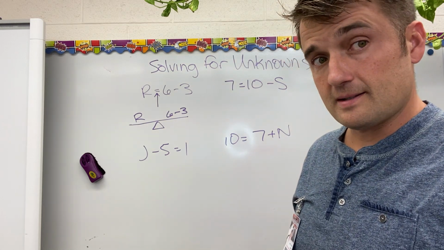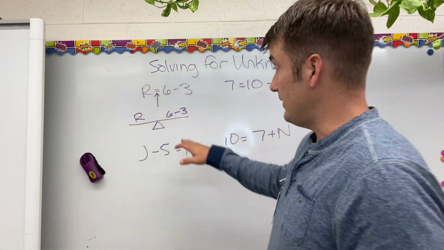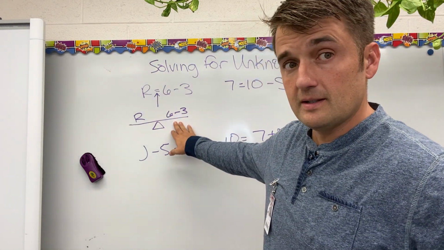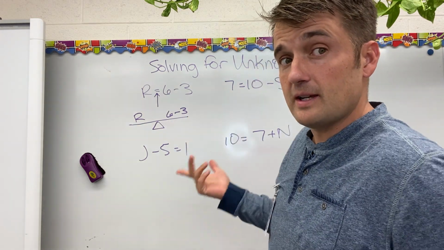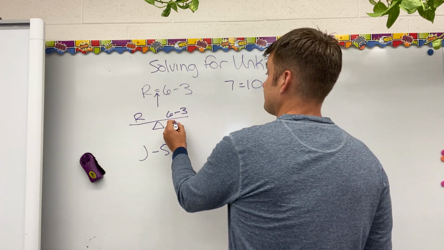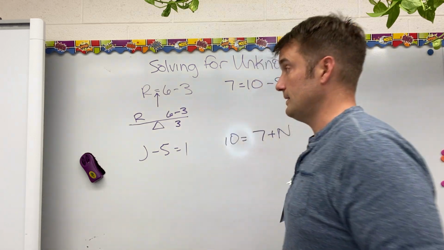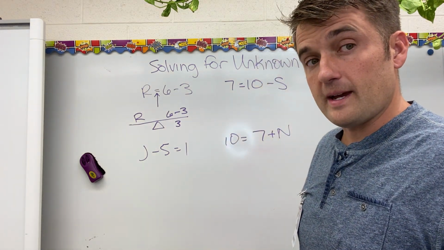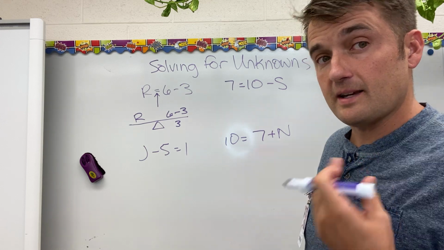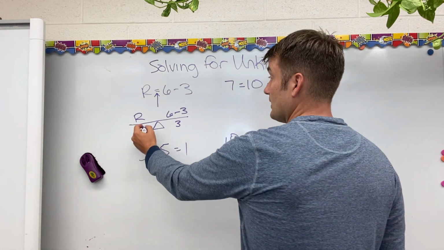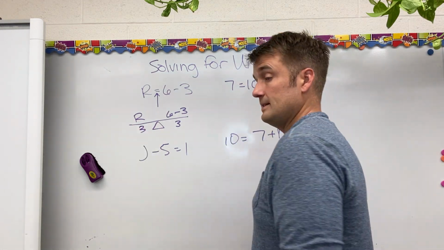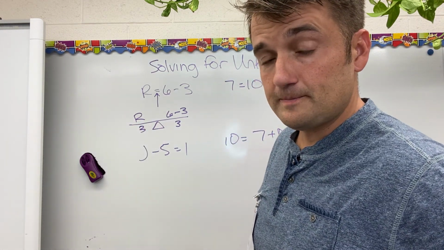It has to balance. So on this side, we have 6 minus 3. Well, we can do that, right? 6 minus 3 is 3. Okay? And for my seesaw, my scale, to balance, if this side is 3, this side also has to be 3. And R is all by itself.